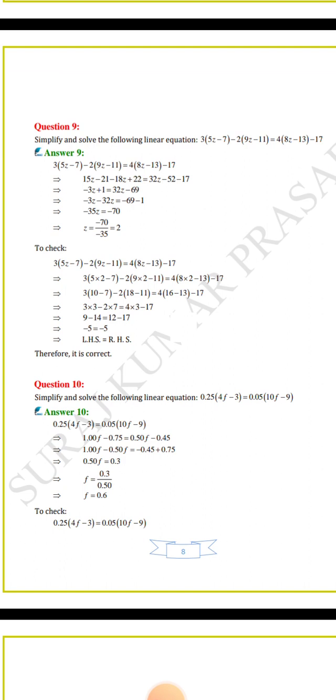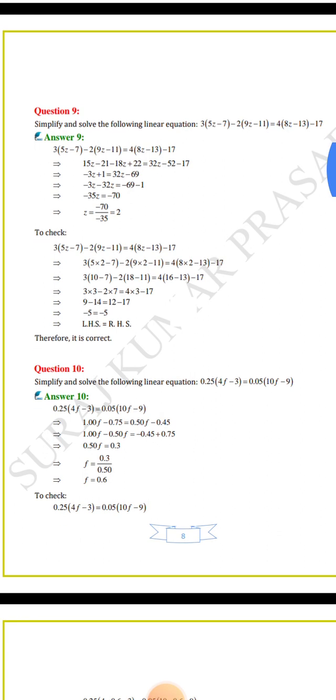Then we get minus 3z plus 1 equals 32z minus 69. Then we get minus z minus 32z equals 69 minus 1. Then we get minus 35z equals minus 70. Then z equals minus 70 by minus 35 equals 2.